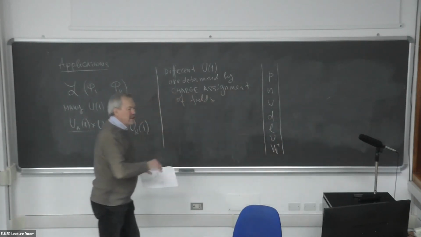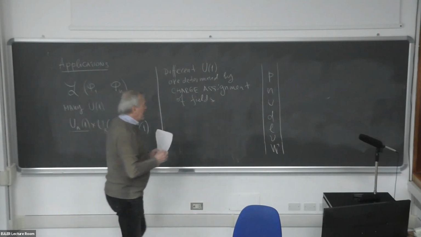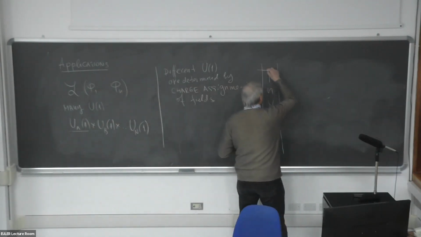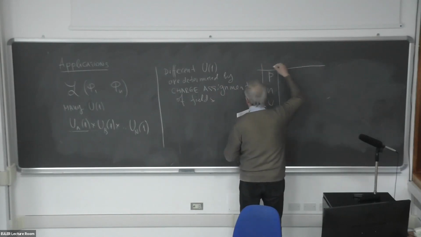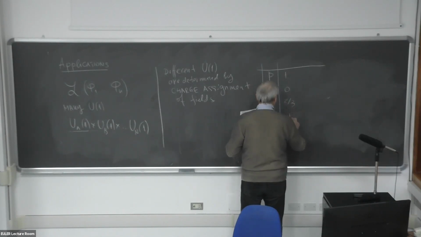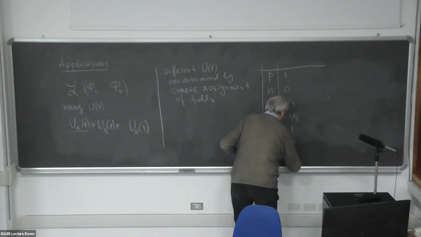So those are the fields in my theory. And now let me prescribe to these particles the following charges for U1 symmetry: 1, 0, 2/3, -1/3, -1, 0, +1.